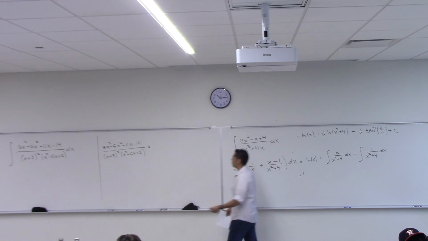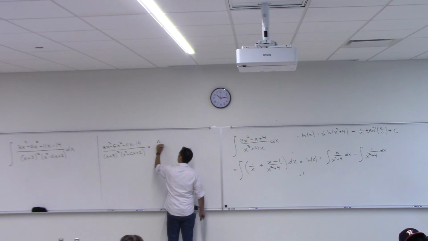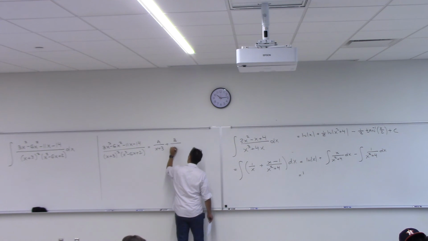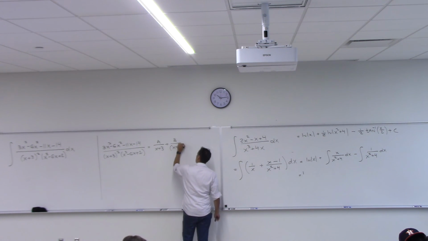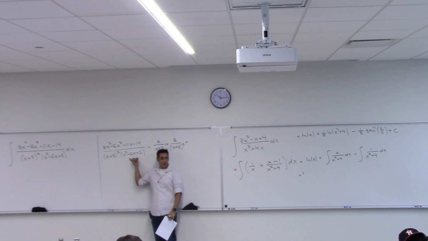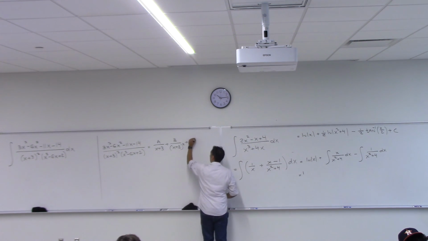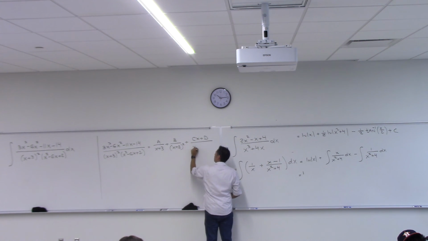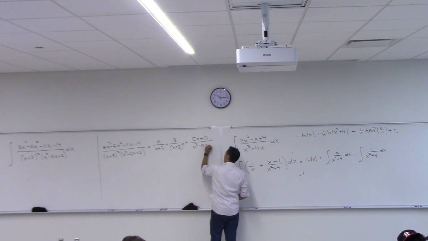A over x plus 3. What else? B over (x plus 3) squared plus, now this is an irreducible quadratic, so linear on top, Cx plus D over x squared minus 6x plus 2.